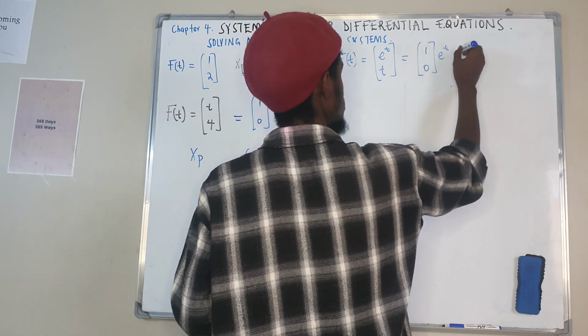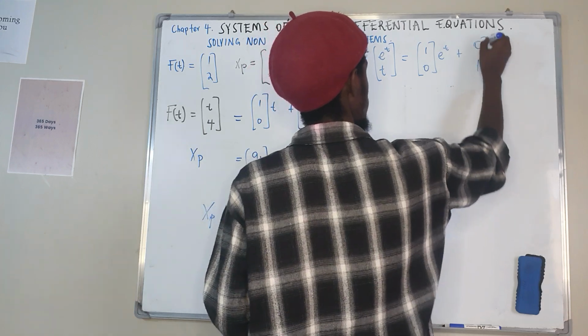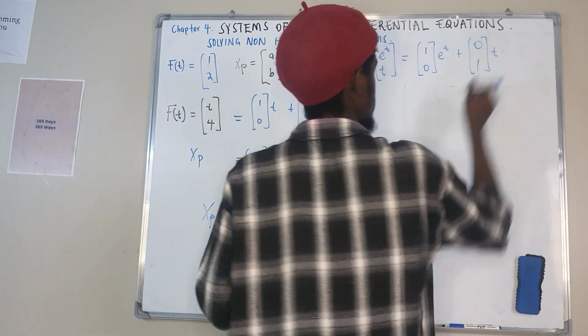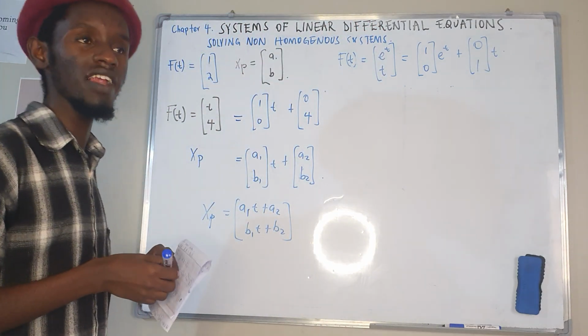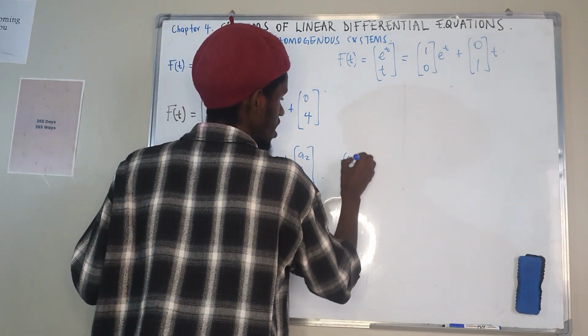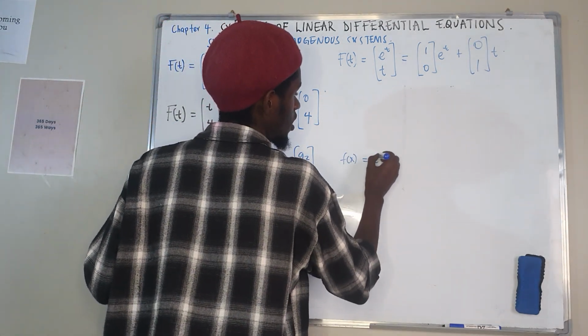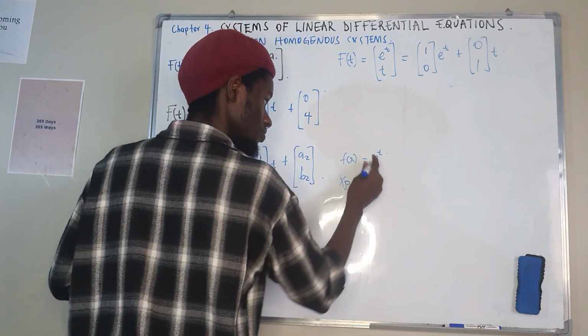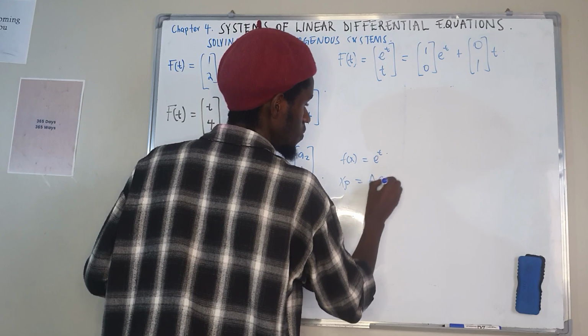Then in terms of t, I have plus 0 and a 1, times t on this side. Now remember last time, when my f of x was something like e power t, we used to say let our xp equal a e power t.